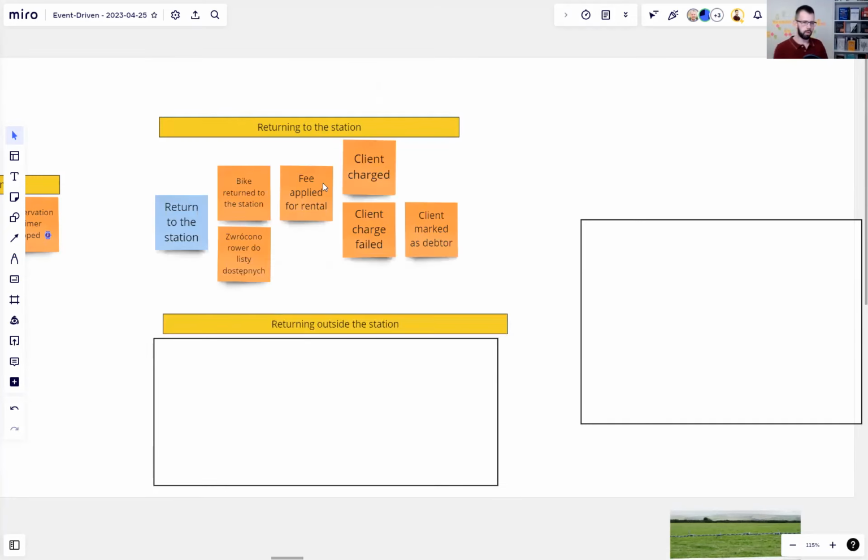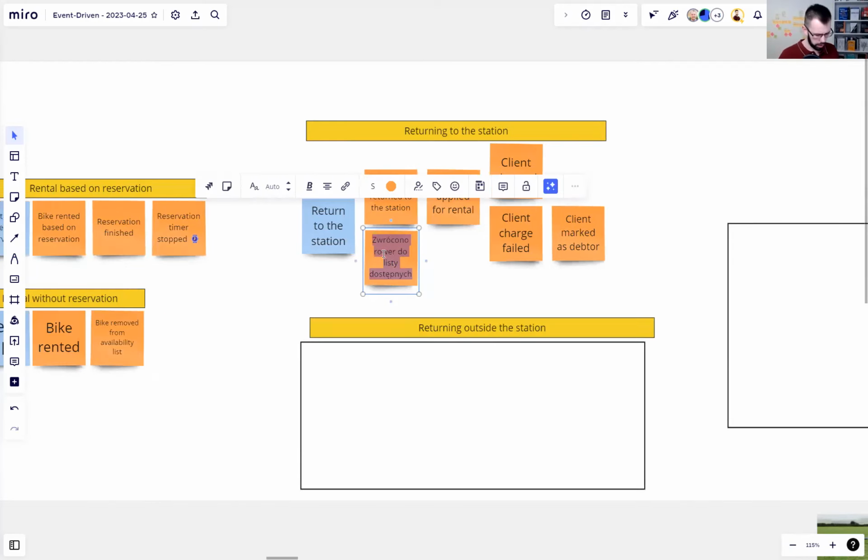So when we return to the stations, we... my God, why haven't I translated all that? Unfortunately, there is no option in Miro to translate all the cards. Like it would be "my bike returned". Yeah, what I notice is that sometimes Miro has some delayed storage. Maybe they have some PWA.